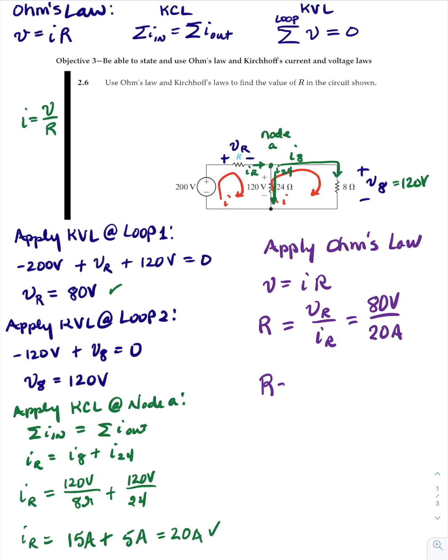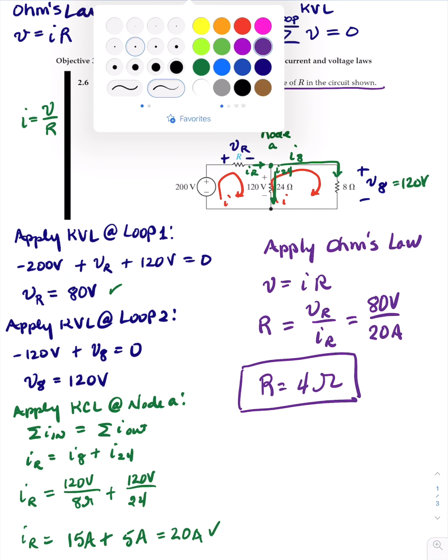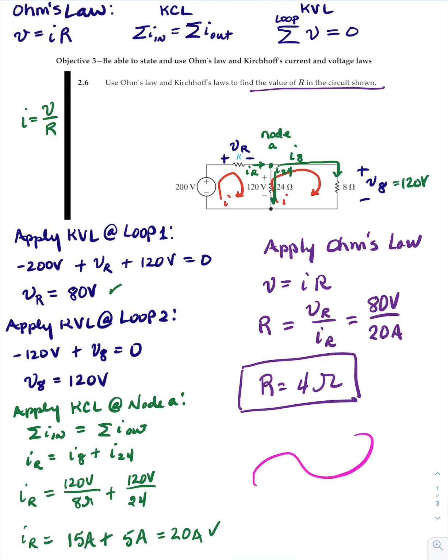So R is equal to 4 ohms. Okay, I think that's all we have to do. Find the value of R. Yep. All right. We are finished.